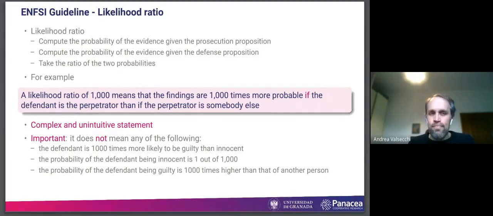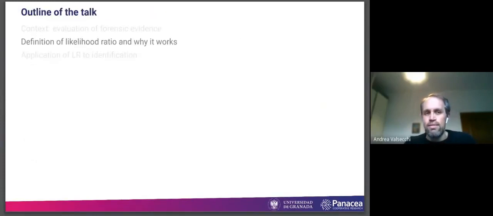None of that. The problem with reading this sentence is that it doesn't have a clear meaning. So to understand why the likelihood ratio is actually a good measure, we need, unfortunately, to use a little bit of probability theory. So we came to the second part of my talk.